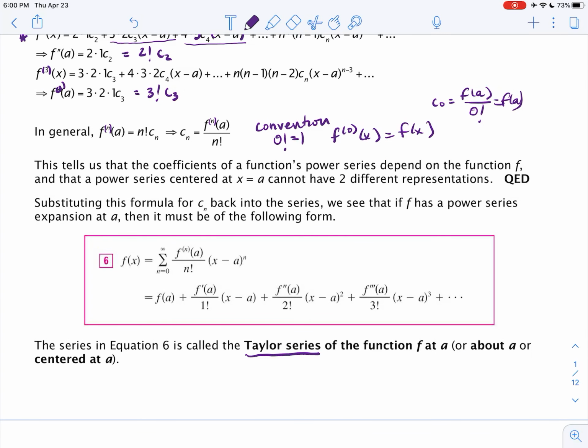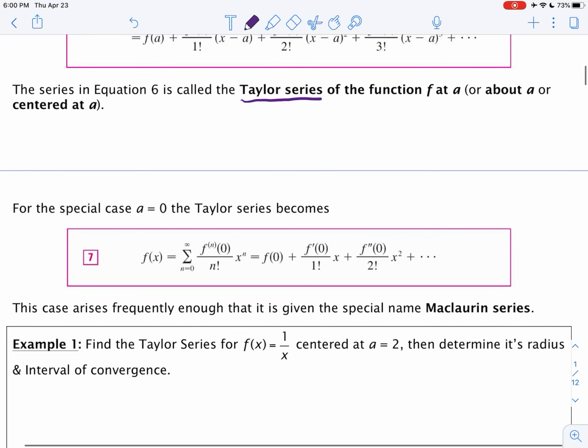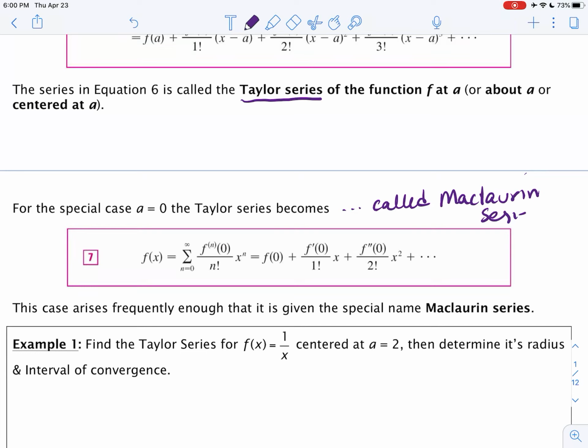All right, and we do call this a Taylor series around a, or about a, or centered at a. Okay. So for the special case of a equal to 0, we end up with a Taylor series that is also called a Maclaurin series.